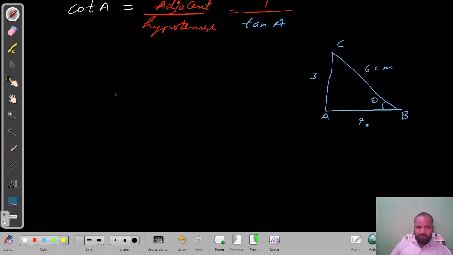Very simple. Whenever you are given two sides' values, you have to find the third side value. How to find the third side value?